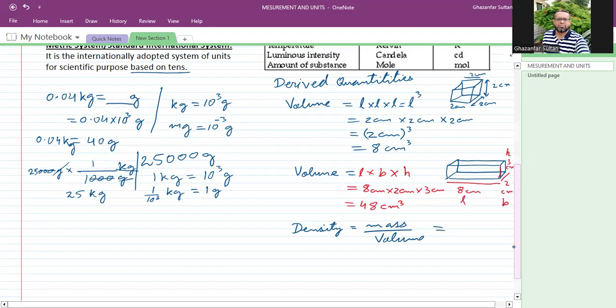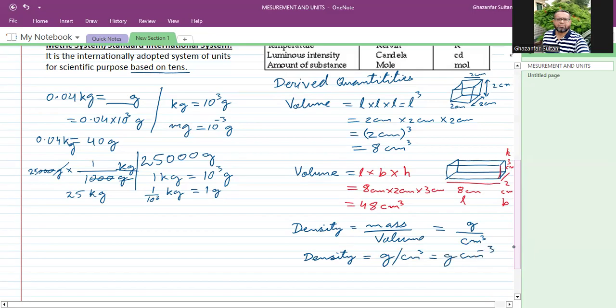If the unit of mass is taken as gram and the unit of volume is taken as centimeter cube, the unit of density would be gram per centimeter cube. You can write it like this: gram centimeter cube inverse.